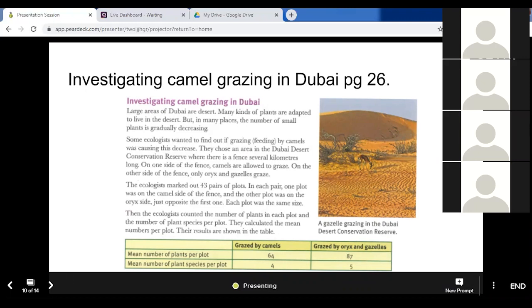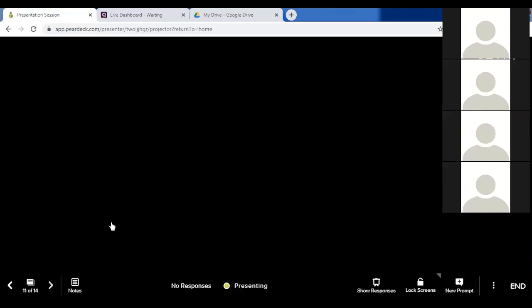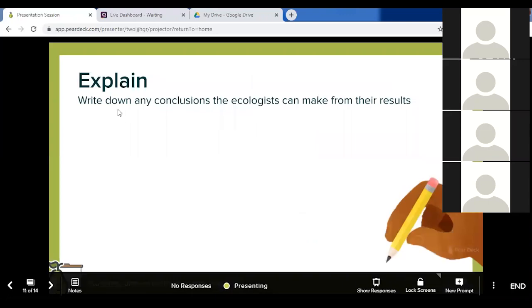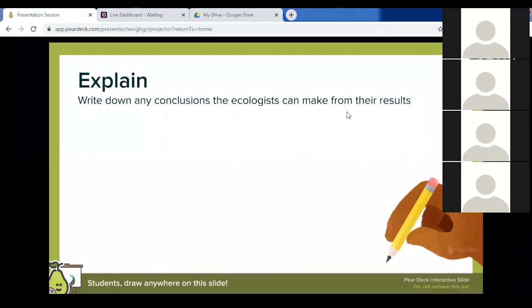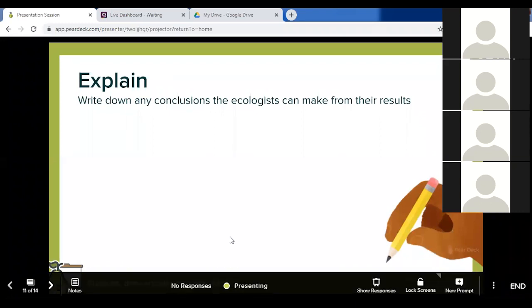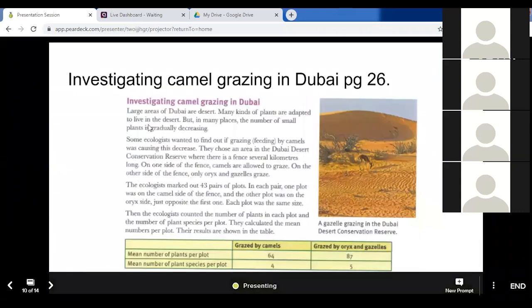Now the question is, after you have read this paragraph, what conclusion can ecologists make from their result? What do you think? Just by looking at this result, what can be their conclusion? They want to know why their plants were gradually decreasing.